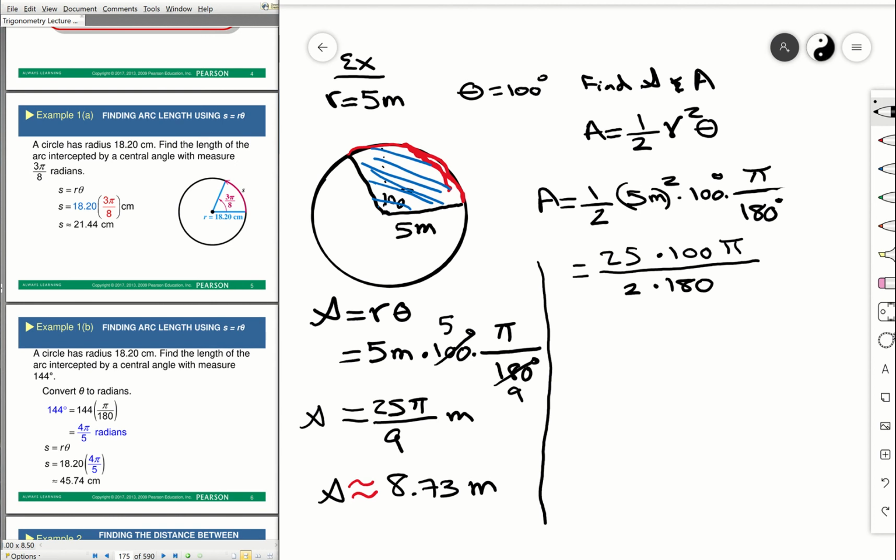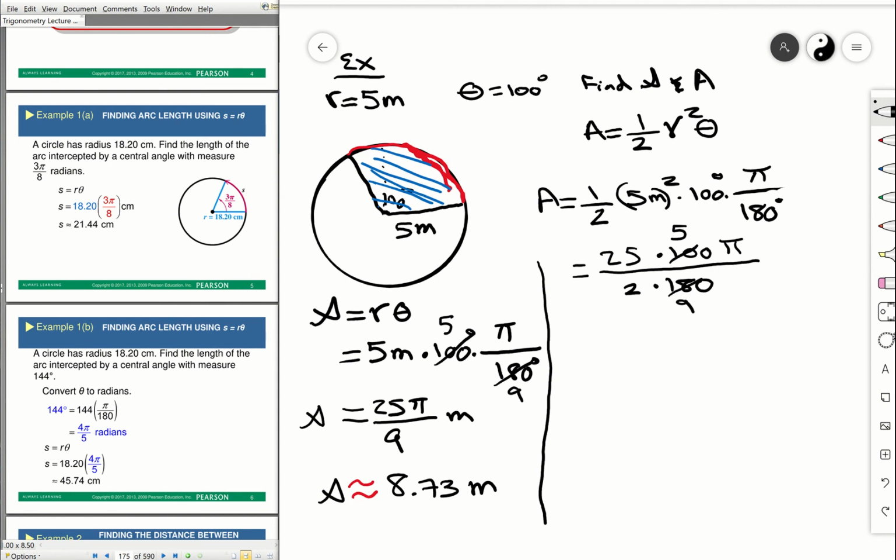We can go ahead and leave the degrees out because they cancel out. So now once again we know that 20 goes into 100 5 times and it goes into 180 9 times, and that should be all that we can do here.